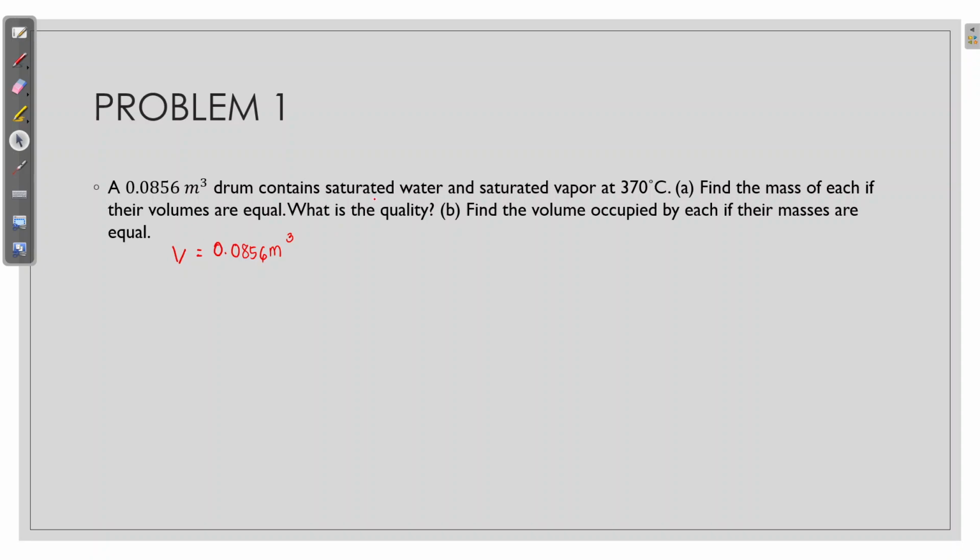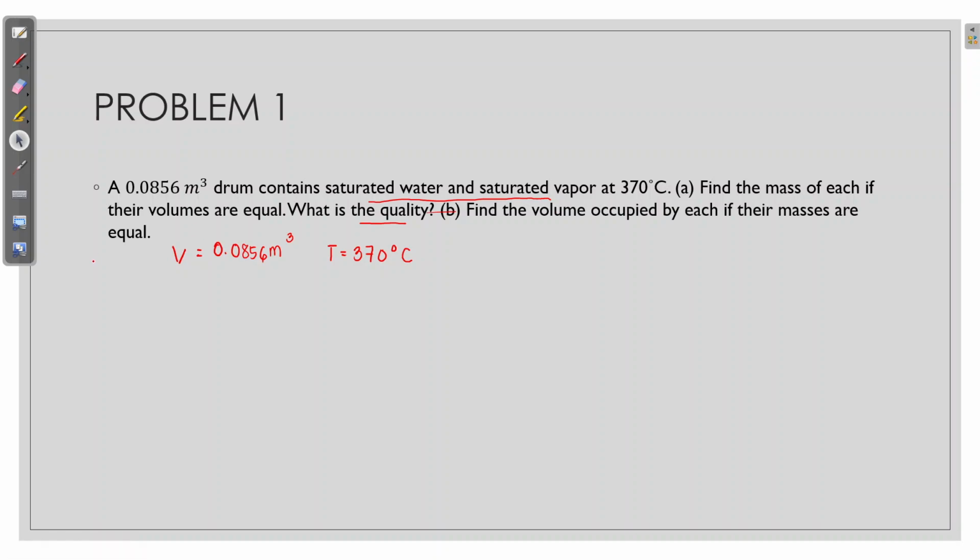Mixture daw siya, saturated water and saturated vapor. Ang temperature niya is 370 degrees Celsius. Ang hinahanap is find the mass of each if their volumes are equal. What is the quality? And then find the volume occupied by each if their masses are equal.